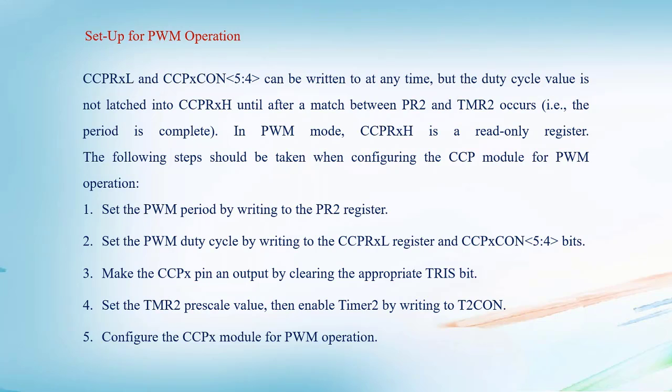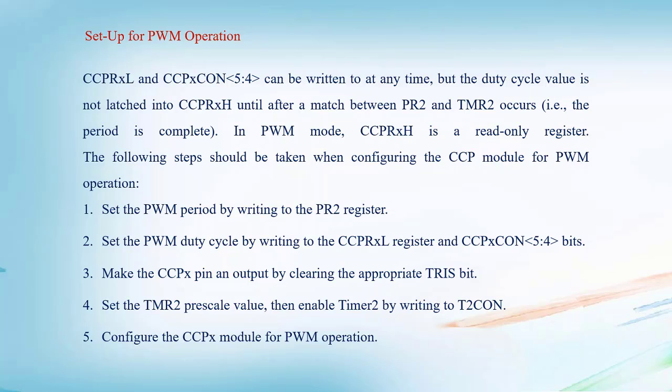Then how to set up for the PWM operation? The following steps should be taken when configuring the CCP module for PWM operation. Set the PWM period by writing to the PR2 register. That is the first step.